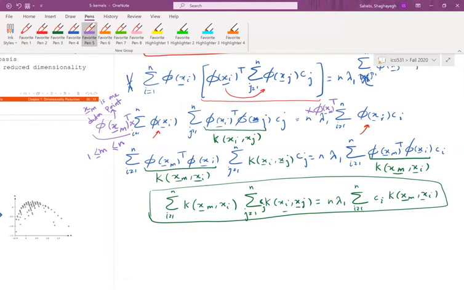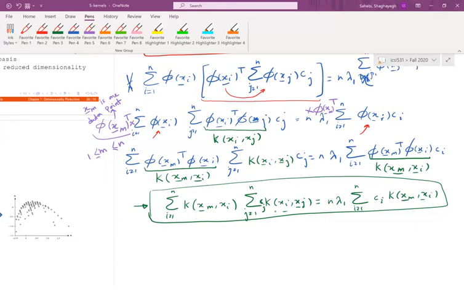If I choose different xm values, I'm going to get a different equation here. Why are we doing this? Because we are trying to find the values ci and cj, right?